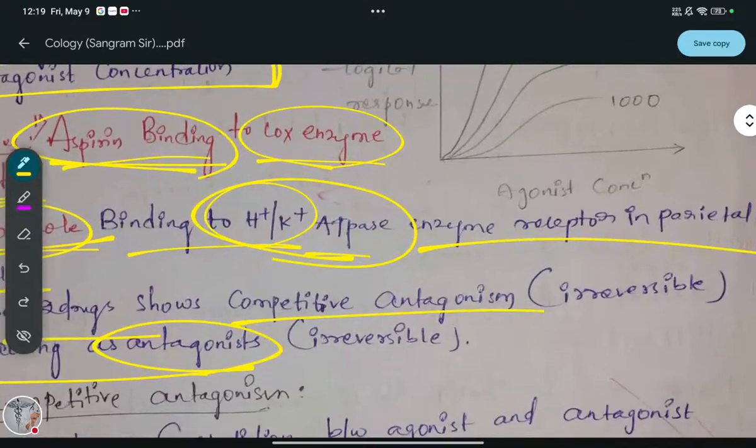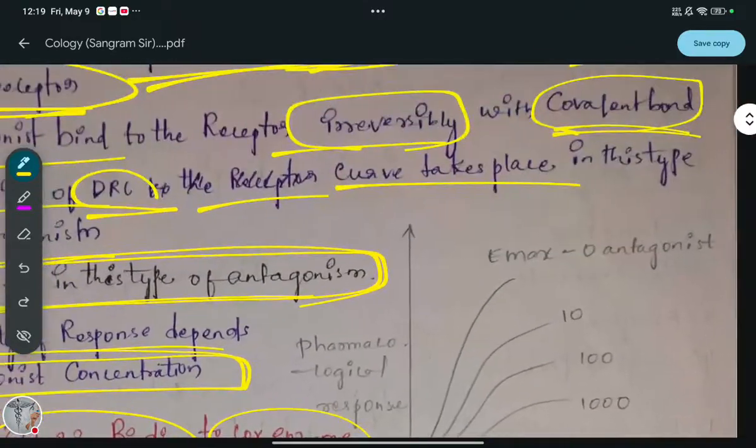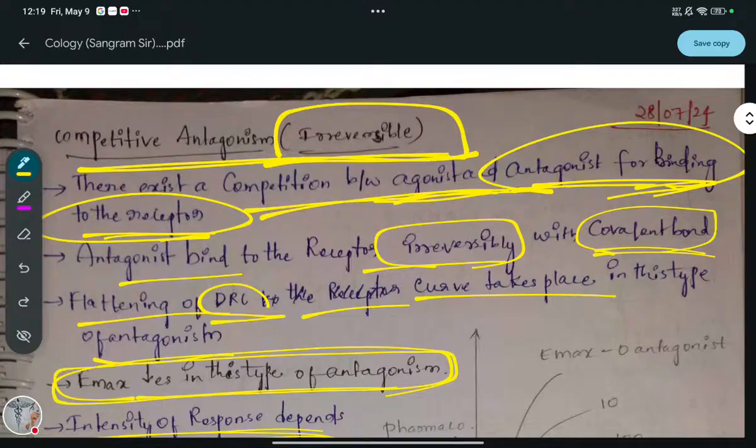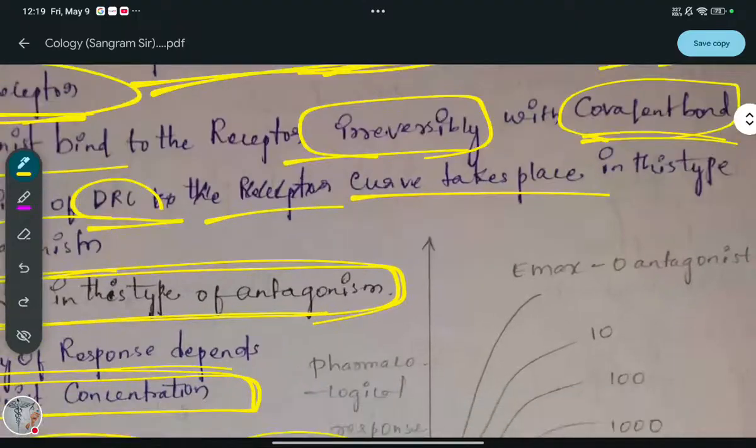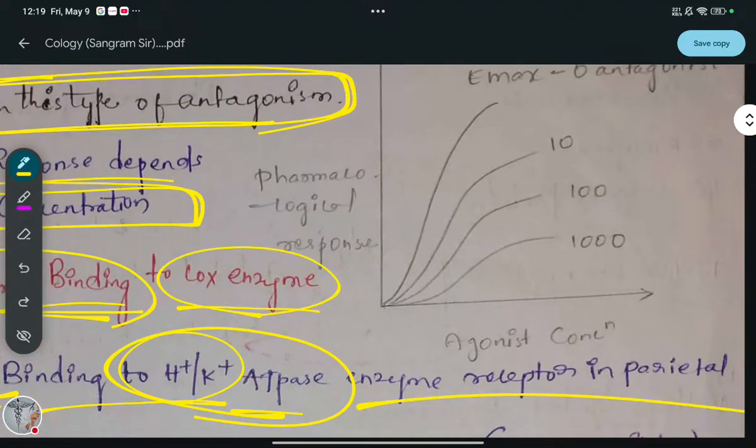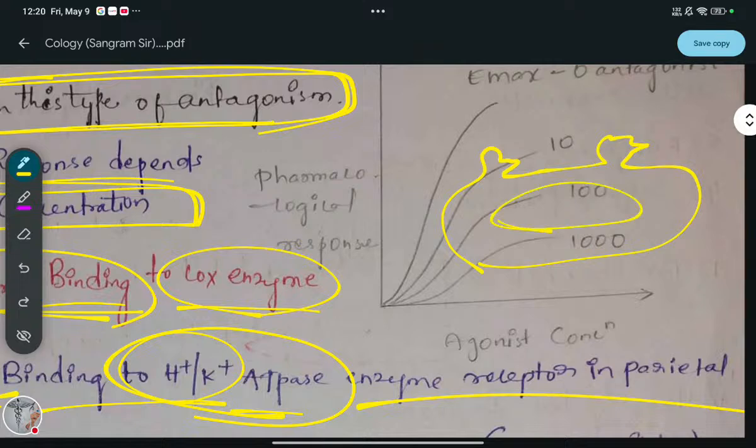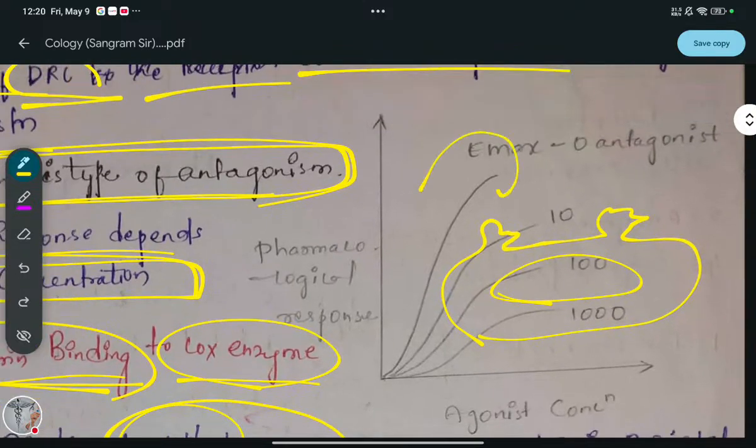Why? I'll tell you. For example, this is a receptor, this is another receptor, this is our cell. One drug will come and bind to that, for example aspirin. It will show its effect.